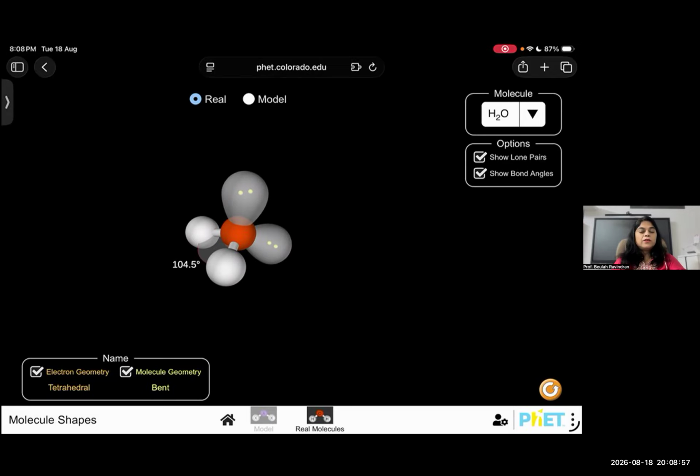So this is the way you have to learn how the molecule shape is. Then you can apply it to real examples. The model we saw like this. This is the real molecule. But due to the presence of 2 lone pairs, the shape is distorted to bent or angular, or inverted V shape also we can say.